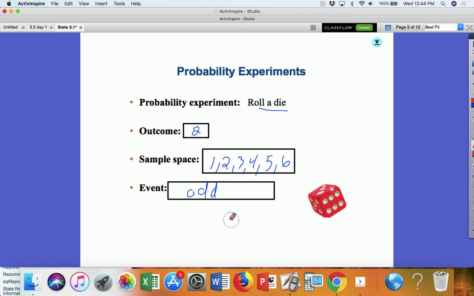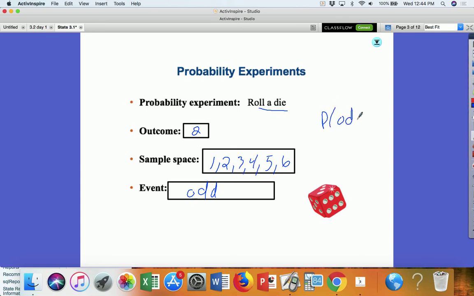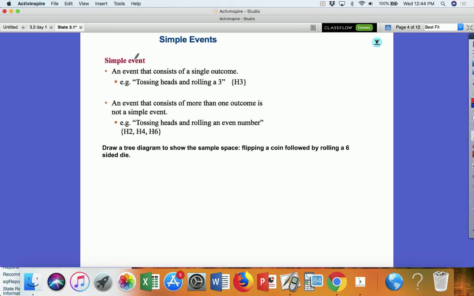It's a couple things. So what's the probability that you roll an odd? It goes on the next page and talks about it, and it's not a real big deal. But see, a simple event, a 1 or a 2, is different than a non-simple event like odd. Being odd is a non-simple event. A simple event is 3. There's only one of them.